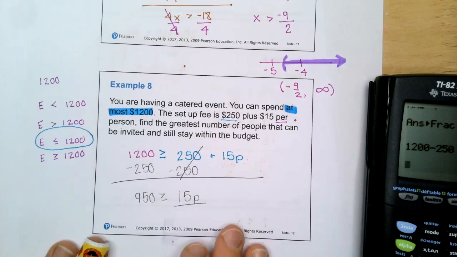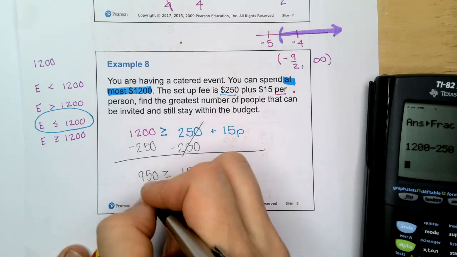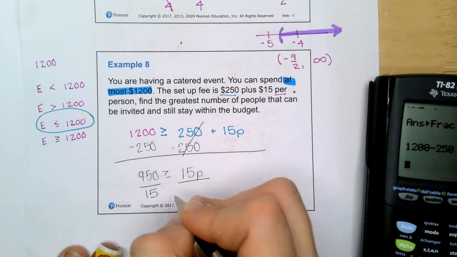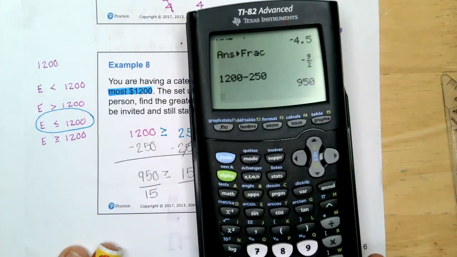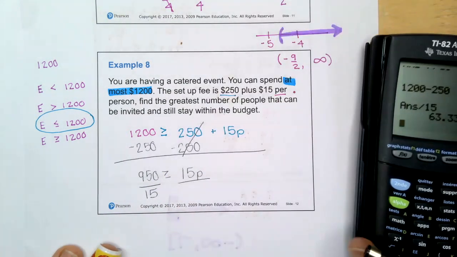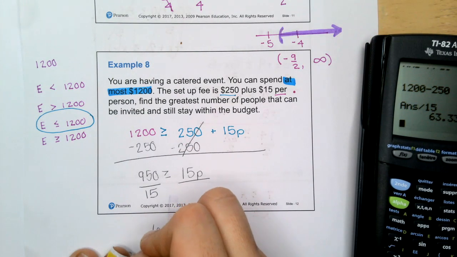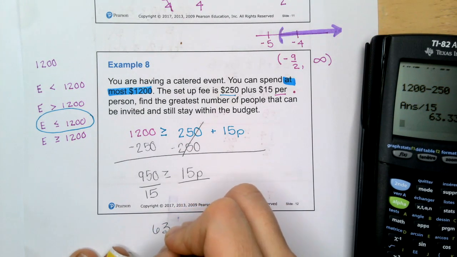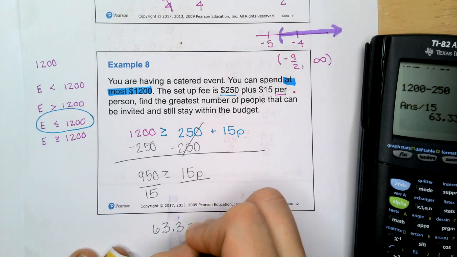All right, so I have $950 to spend on people. How many people can I invite if each person costs $15? It's 63 and 1/3 people, 63.3 people.